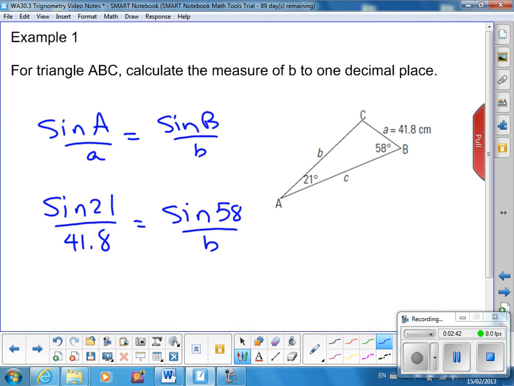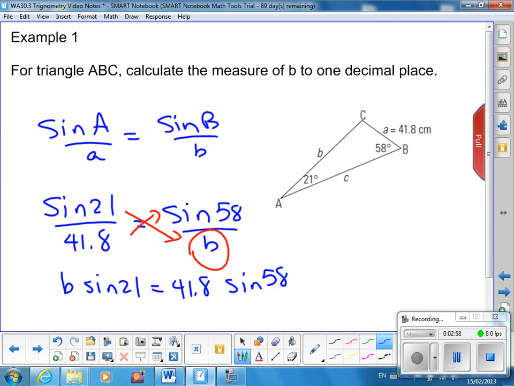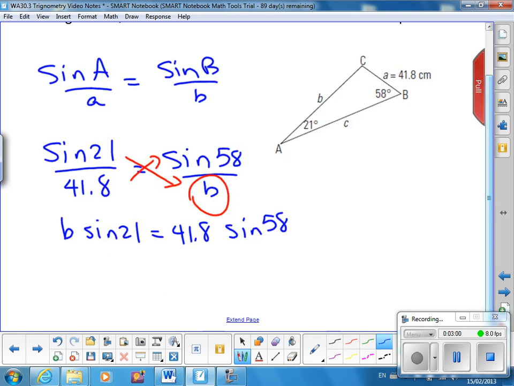Now, before we start solving, we're just going to rearrange this equation to get b, the unknown, by itself. So we're going to cross multiply. We're going to get b sine 21 equals 41.8 sine of 58. To get b by itself, we divide by the value beside it, which is sine 21.